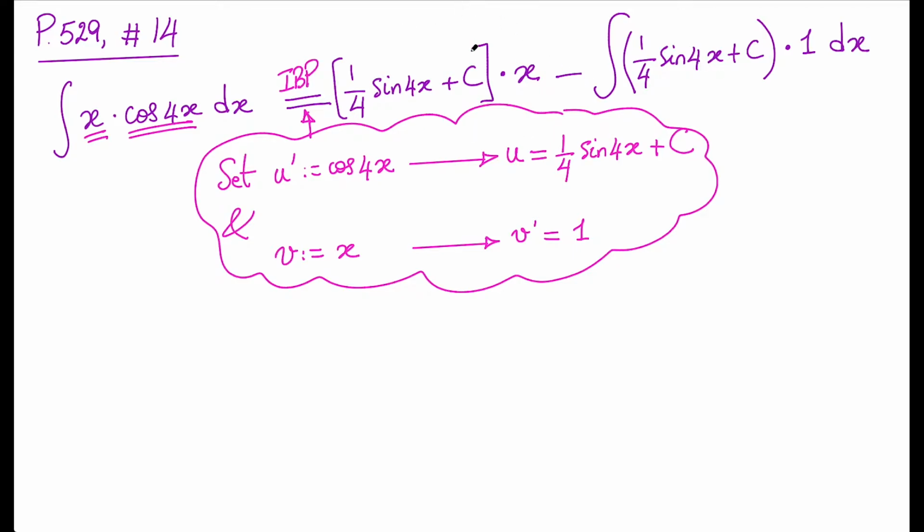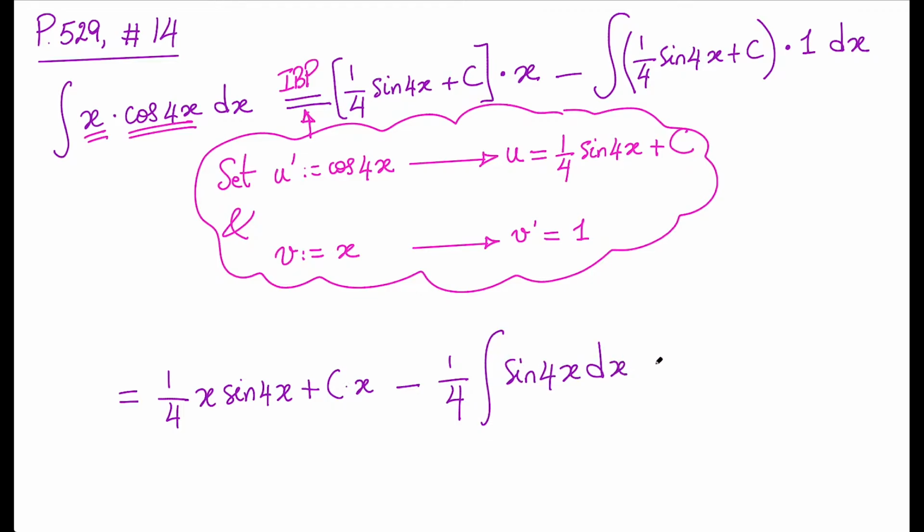So this entity is equal to 1/4 x sine 4x plus c times x, the constant c times x, minus, all this guy is minus 1/4 primitive of sine 4x dx, plus the primitive of c dx, with a minus it becomes a minus here, of c dx, correct?